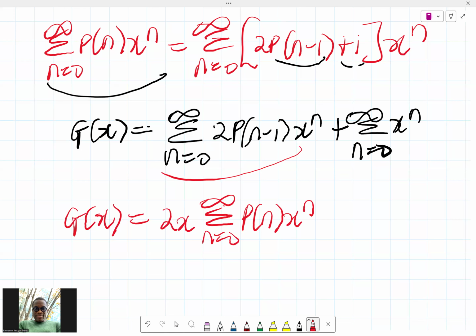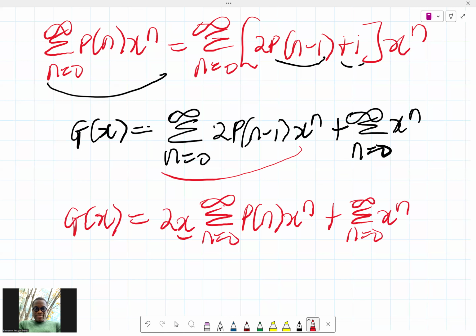Now this minus 1 is like a step backwards, and because of the step backwards, that's why we have this x jumping out. So we have 2, which is the constant, and this x, and then this summation, plus this again, which is summation from n equals 0 to infinity x raised power n.